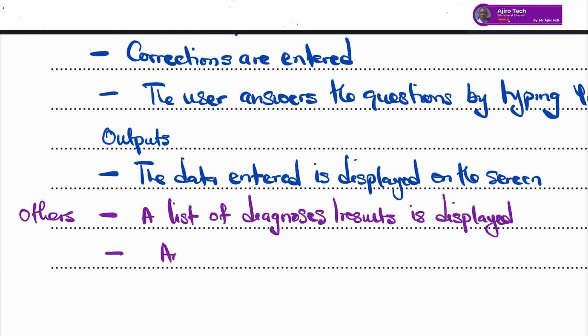We also see an explanation because we have an explanation system to explain how the result was arrived at. An explanation is displayed.